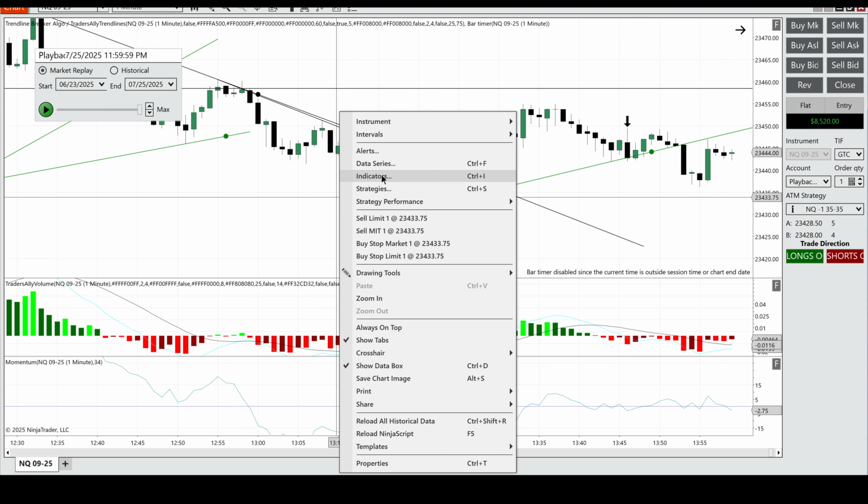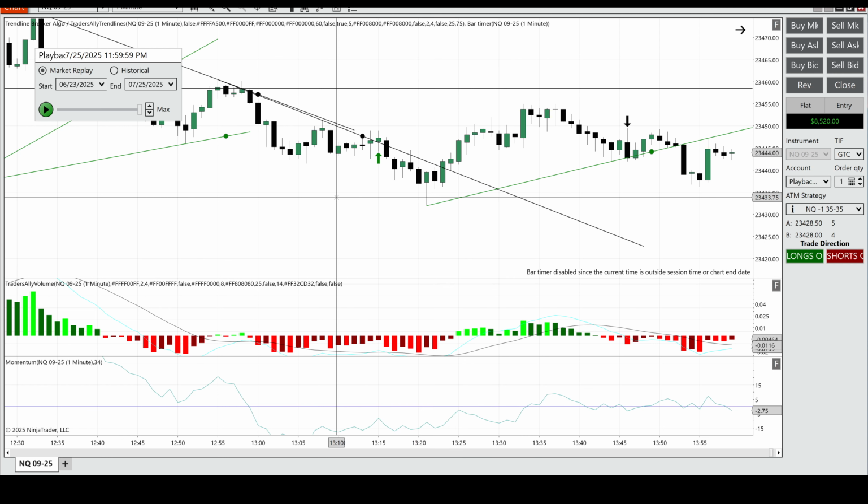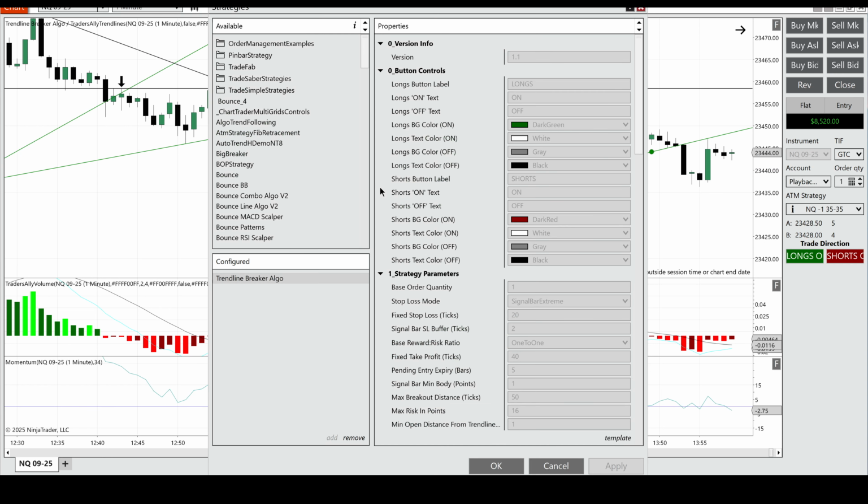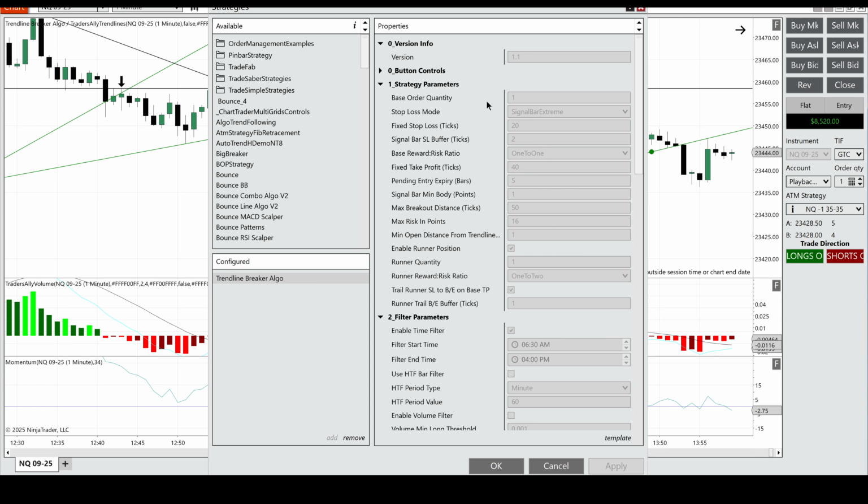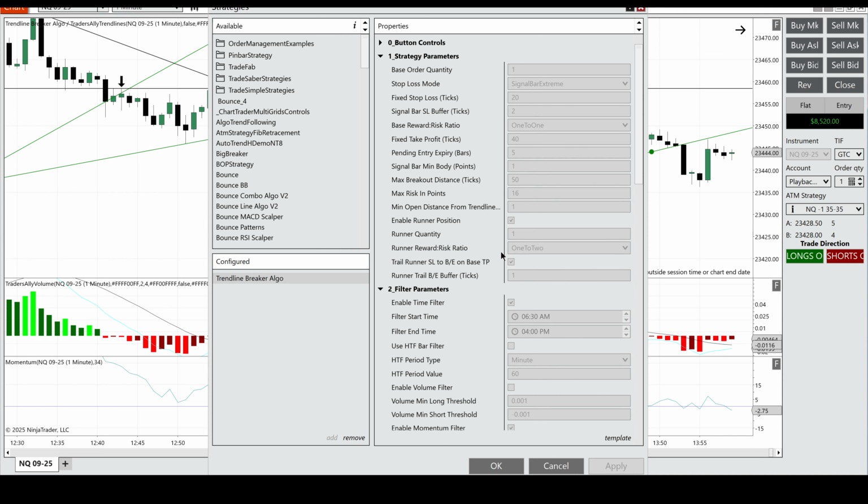Let me show you the settings that it has. We have these on/off buttons, and some strategy parameters. If we choose this signal bar extreme, that's what I've used in this run. I had settings to use runners for 1 to 1 and 1 to 2.